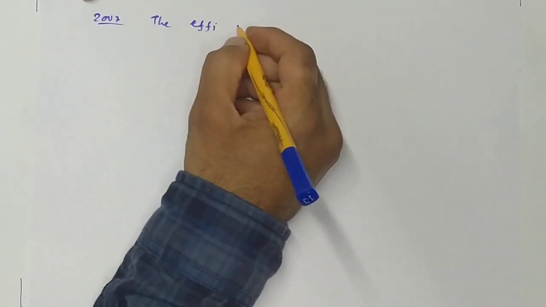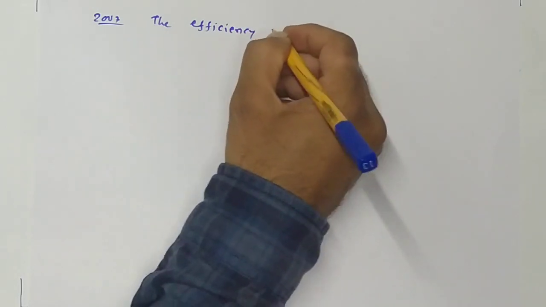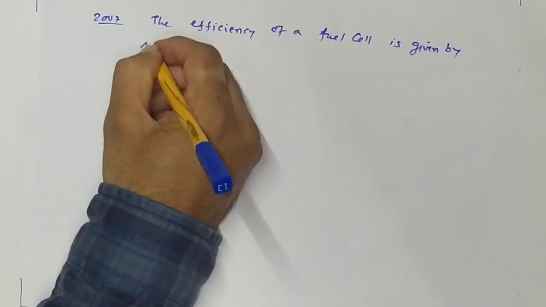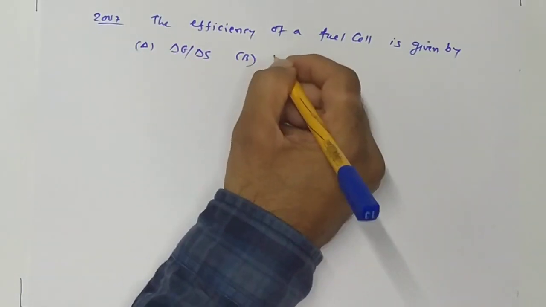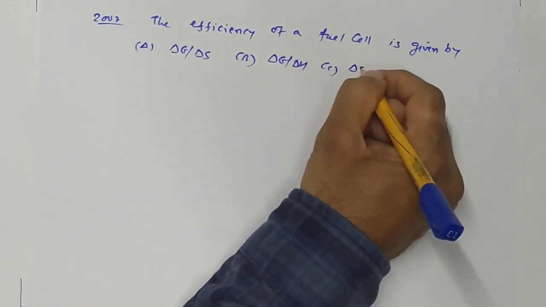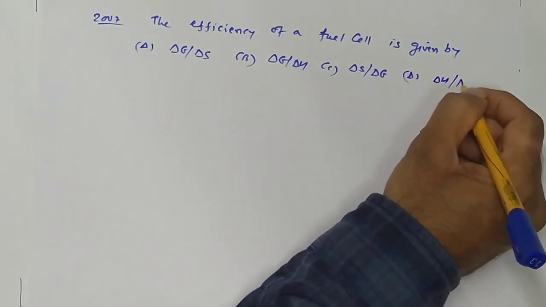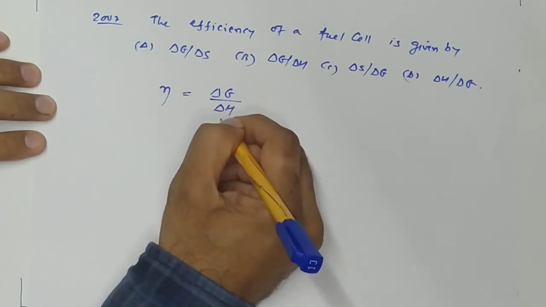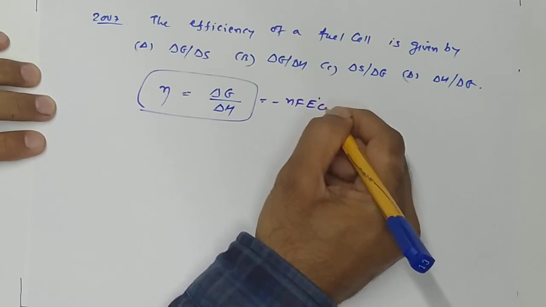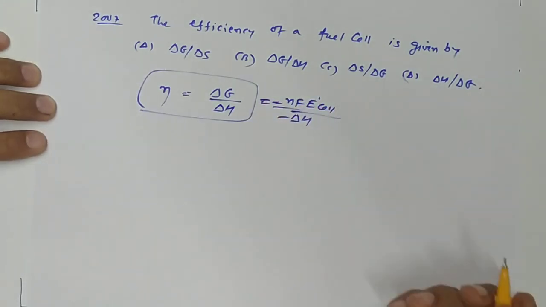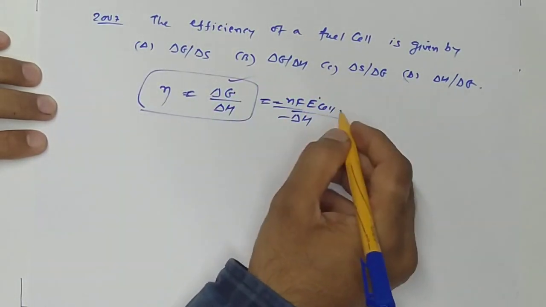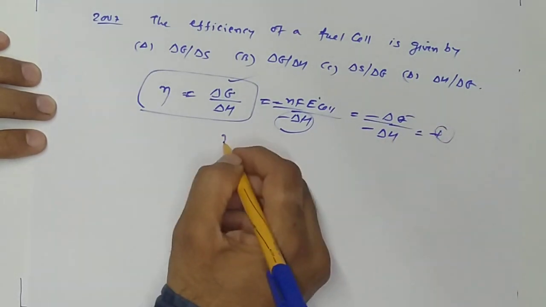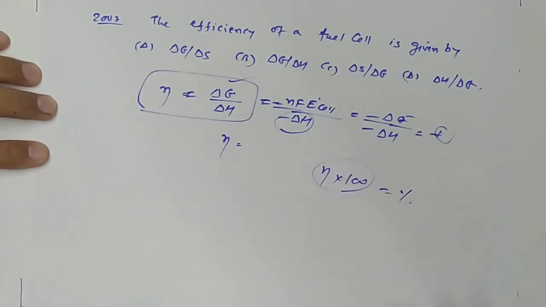The efficiency of a fuel cell is given by: A, delta G upon delta S; B, delta G upon delta H; C, delta S upon delta G; and D, delta H upon delta G. We know the efficiency of the cell is delta G upon delta H, that is minus nFE cell upon minus delta H. Whenever the cell is working, the value of delta G should be negative and enthalpy will be negative, both cut, so our eta comes, and when we multiply by 100 it gives a percentage.